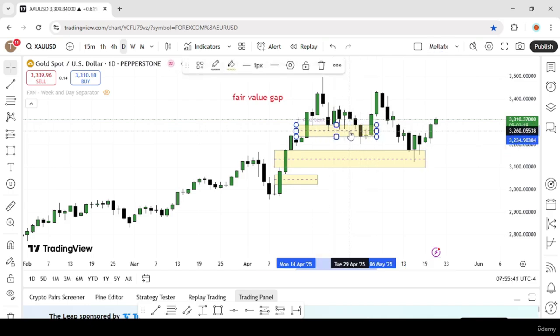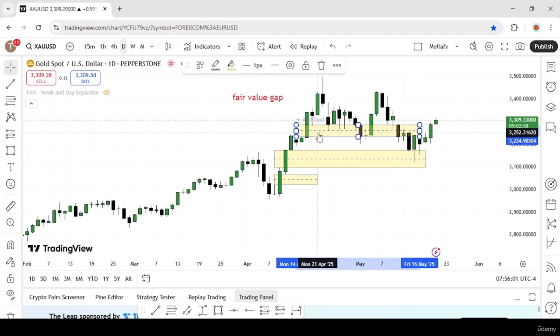Another thing to note about the fair value gap is that it can be used more than once. Like here, we traded into it once, twice, and we came back and traded below it. Here we traded below.